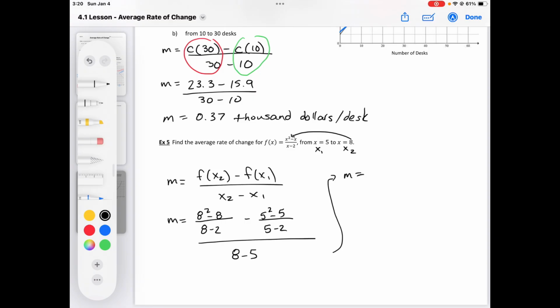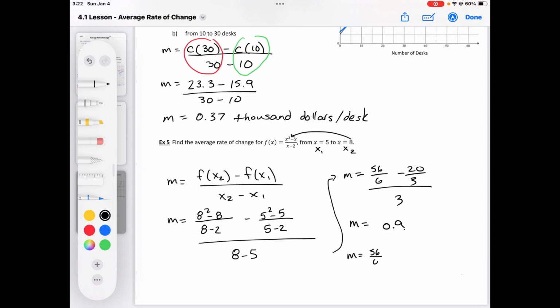When I simplify this, I'm going to get 56 over 6 for the first fraction, 20 over 3 for the second one, 3 on the bottom. Simplifying that gives me an average rate of change of 0.9.